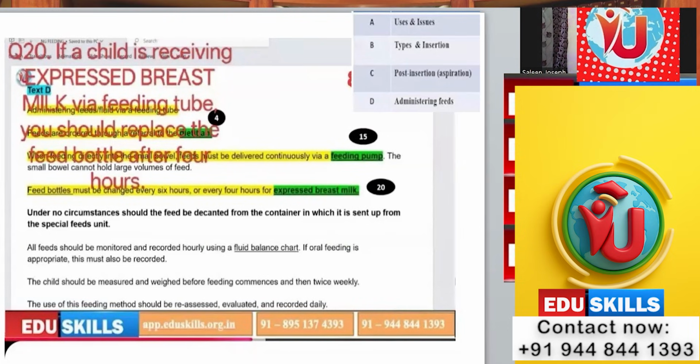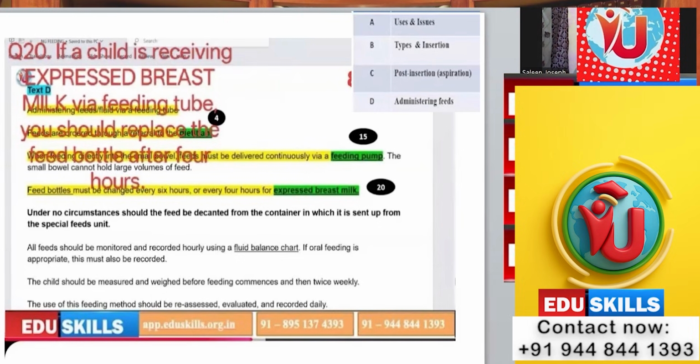Last one, 20th. Here, if a child is receiving dash via a feeding tube, you should replace the feed bottle after 4 hours. So our heading here is administering feeds. So we have to go directly to text D. Here they have given, if you can see here, feed bottles must be changed every 6 hours or every 4 hours for dash, that is expressed breast milk.